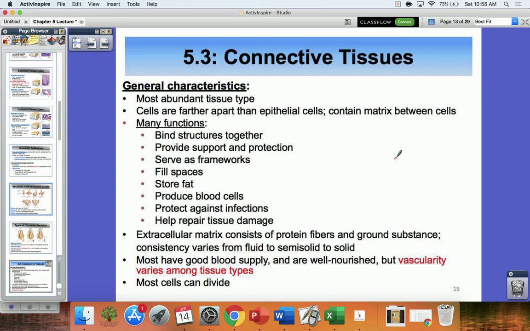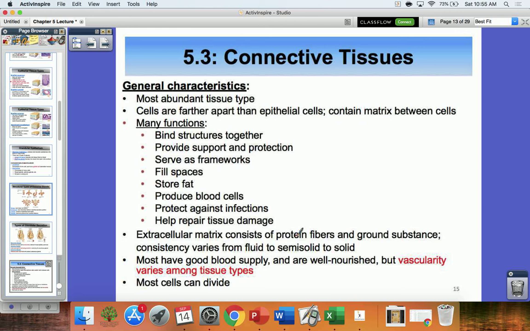It ranges from blood to bone to cartilage. It's a ton of things that are characterized and categorized as connective tissue. There are tons of functions, and we'll get to each of these as we go through the types of connective tissue.